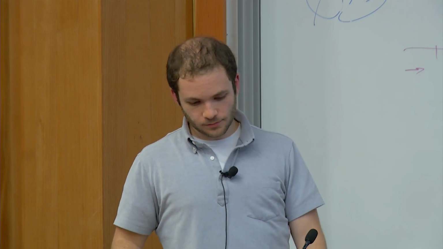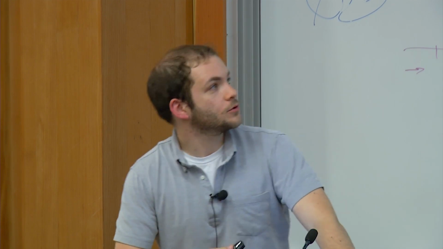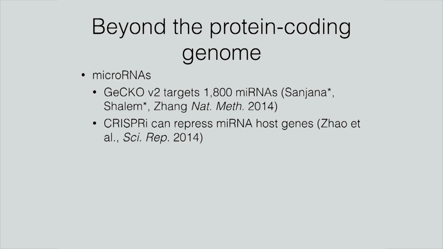So in terms of expanding beyond the protein coding genome, there are two classes of non-coding genes that I'll mention. One is microRNAs. They can be pretty hard to target. Maybe sponges are somewhat effective, but in general, there haven't been any good systematic tools to probe microRNA function.